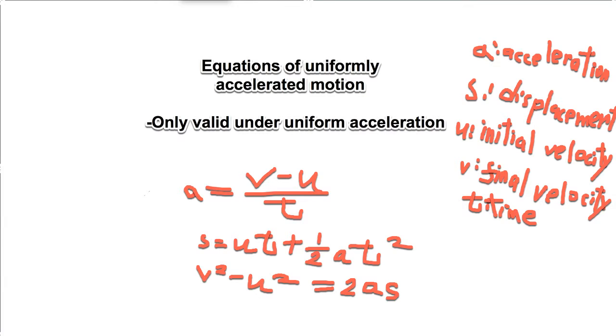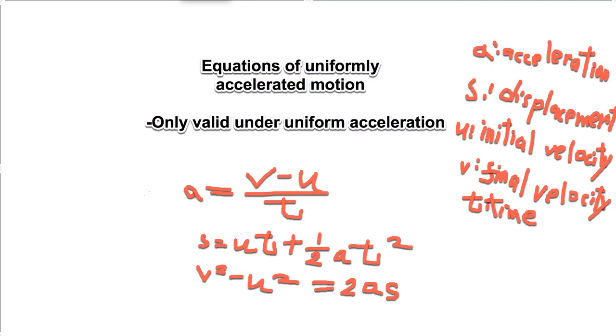The next two commonly used equations of uniformly accelerated motion are s equals ut plus half at squared, and also v squared minus u squared equals 2as.